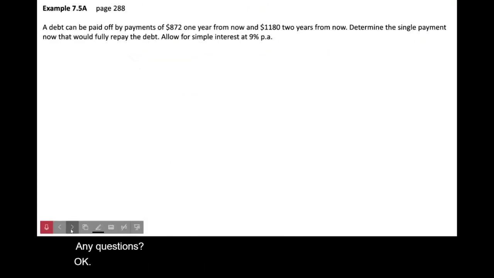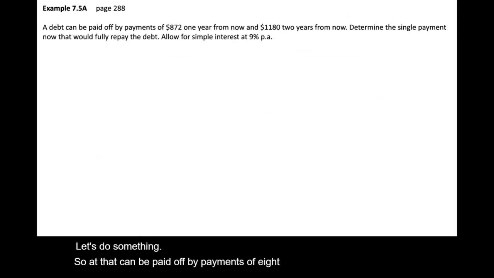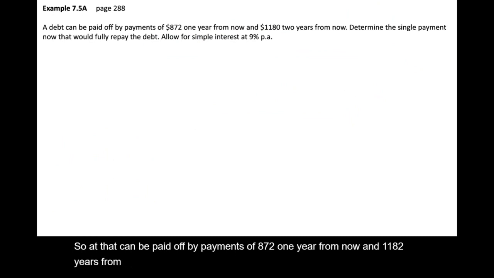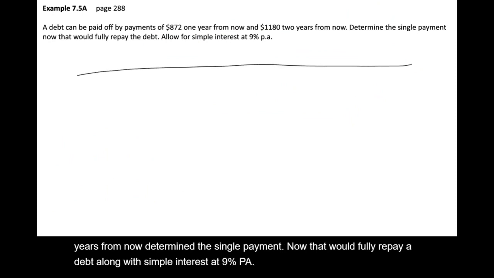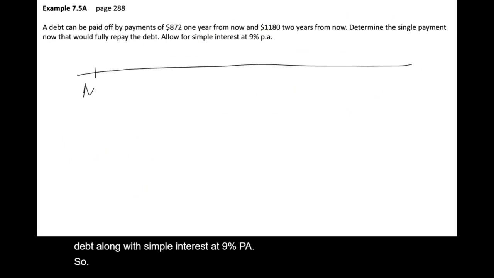Okay, let's do something. A debt can be paid off by payments of 872 1 year from now and 1,180 2 years from now. Determine the single payment now that would fully repay the debt, using simple interest at 9% PA. So that's now.